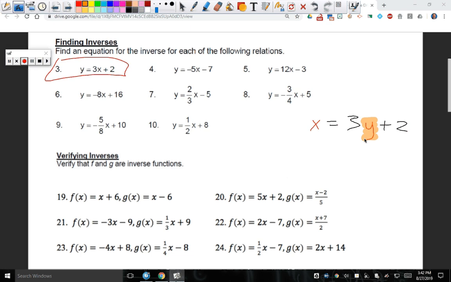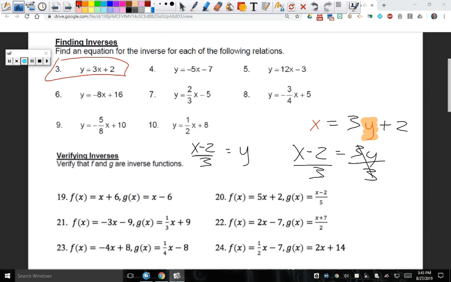What do I do to both sides? Subtract 2. So I have this. Now, let's get a positive y by itself. We're going to divide by 3. There's a cancellation to a form of 1. So what I have left over is y is equal to this.